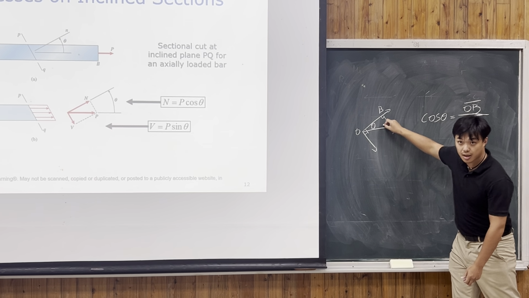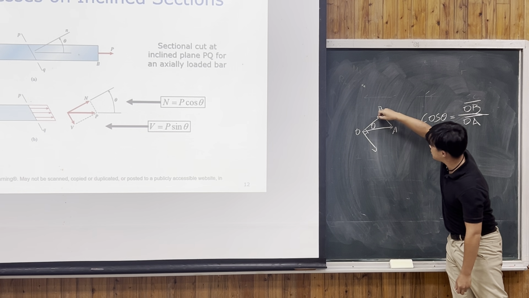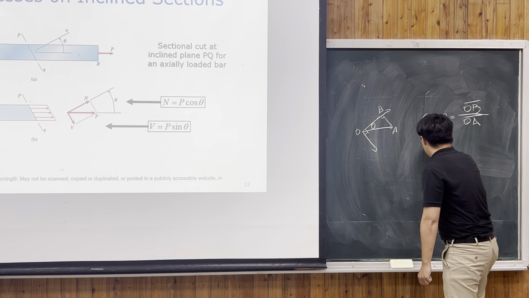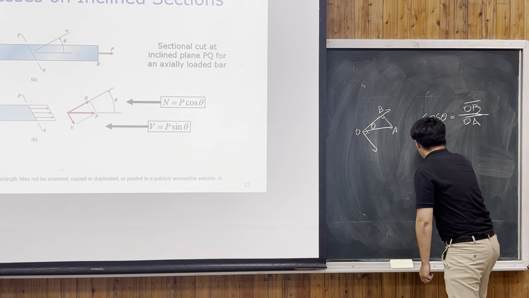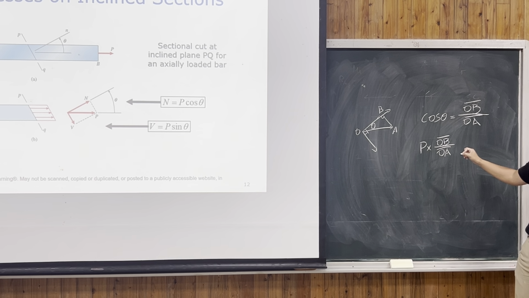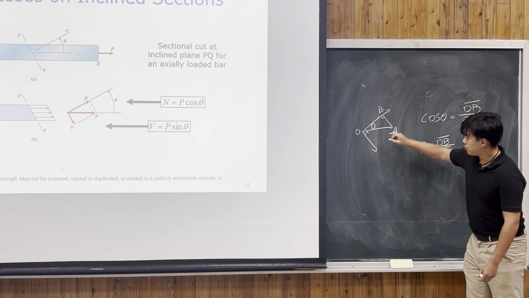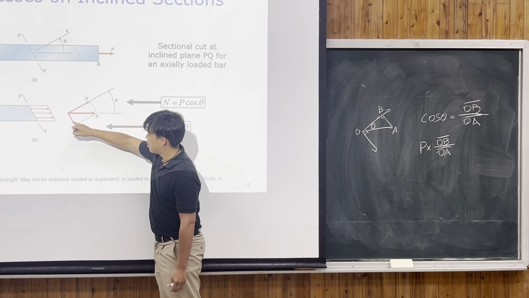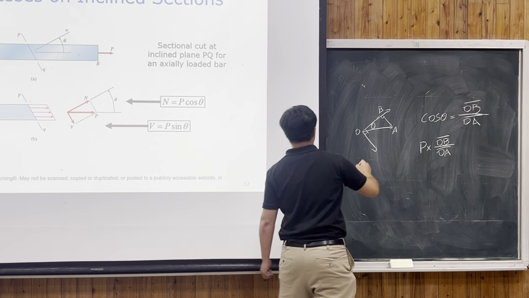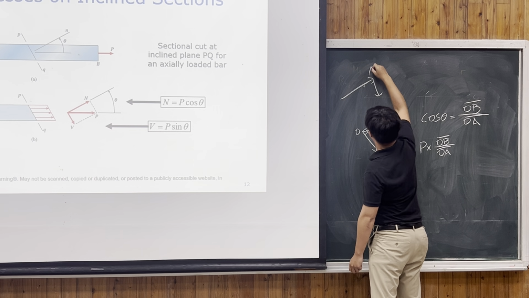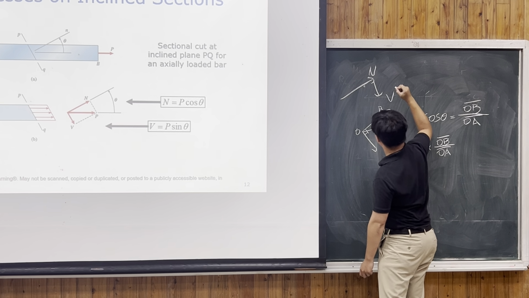So if you are calculating this in the triangle, it will be P times cosine theta, because in this triangle we have to divide the force into normal and shear.